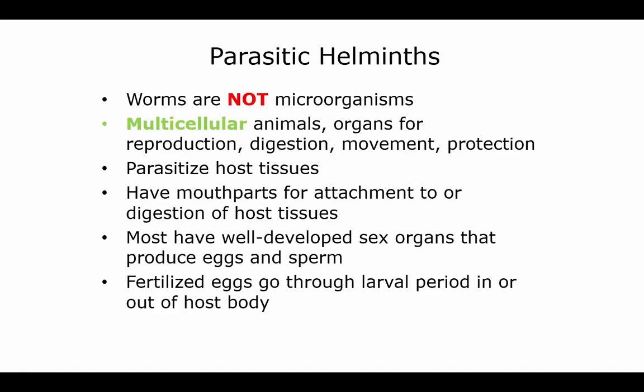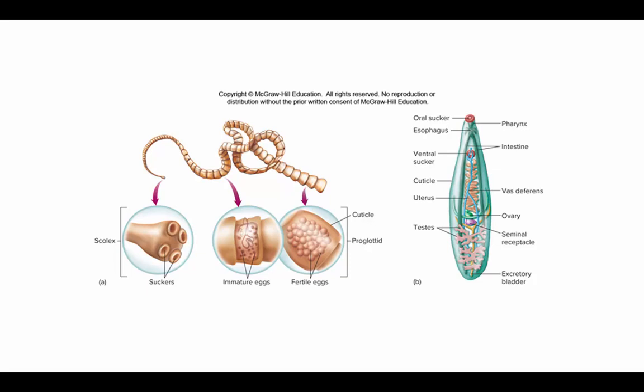Most of them have pretty well developed sex organs that make eggs and sperm, and their fertilized eggs go through a larval period that's either in or out of the host body. Here we're looking at, on the left, figure A, a tapeworm. And you can see the scolex, the head, has these specialized mouth parts for attaching to the intestinal wall.